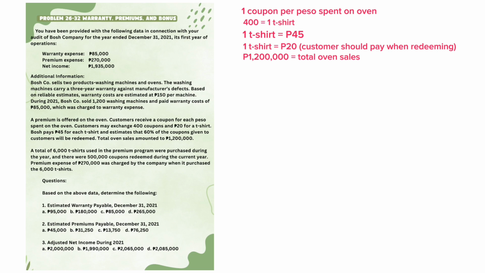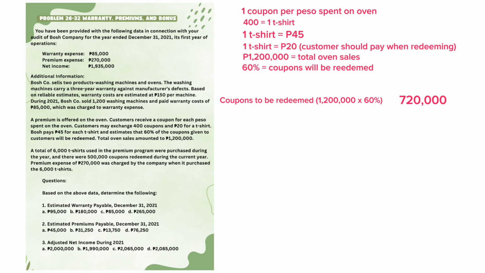coupons. However, it is stated in the problem that the company estimates that only 60% will be redeemed. So, we need to multiply the 1,200,000 by 60%. So, we get 720,000 coupons, which is the estimated 60% to be redeemed.